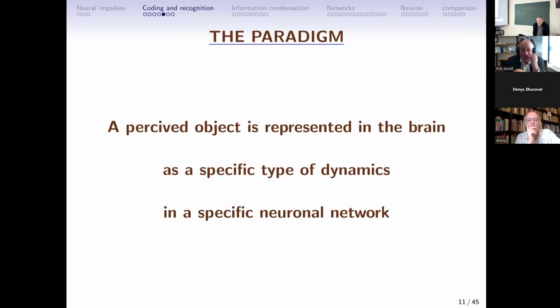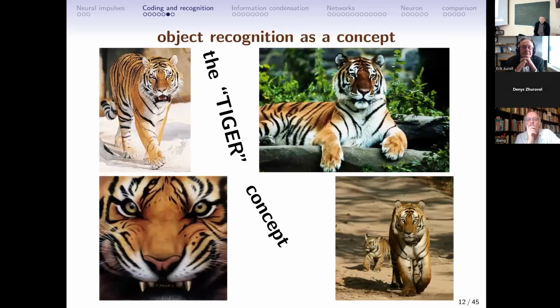This paradigm is not ultimately proven, but it looks like a plausible one based on available experimental data. Some data we will obtain a few minutes later here. So now we are approaching our main task.